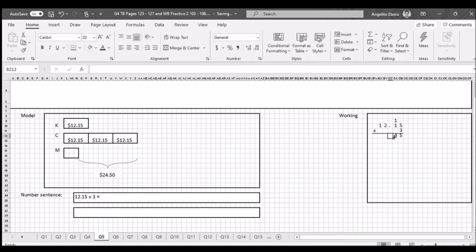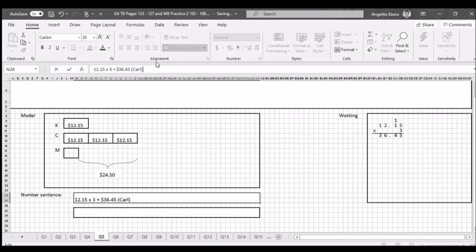Then the decimal point. 3 times 2 is 6. 3 times 1 is 3. So Carl has $36 and 45 cents. This is Carl. Let's put the name of Carl.